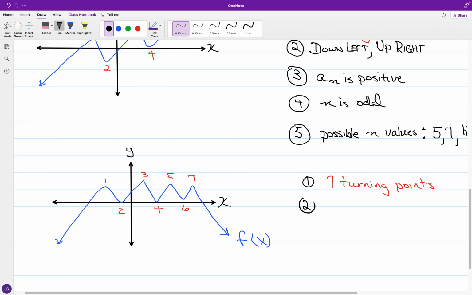And for the end behavior, as the graph illustrates, you have down to the left and also down to the right.